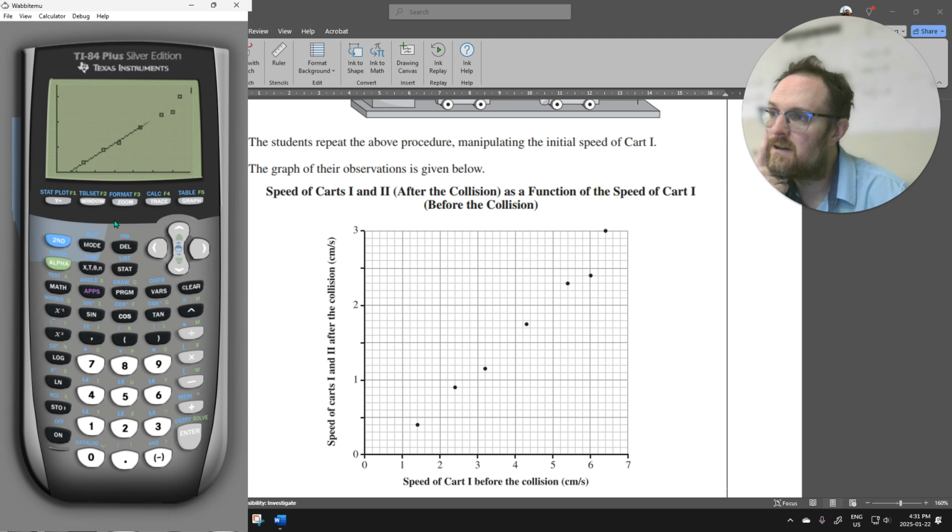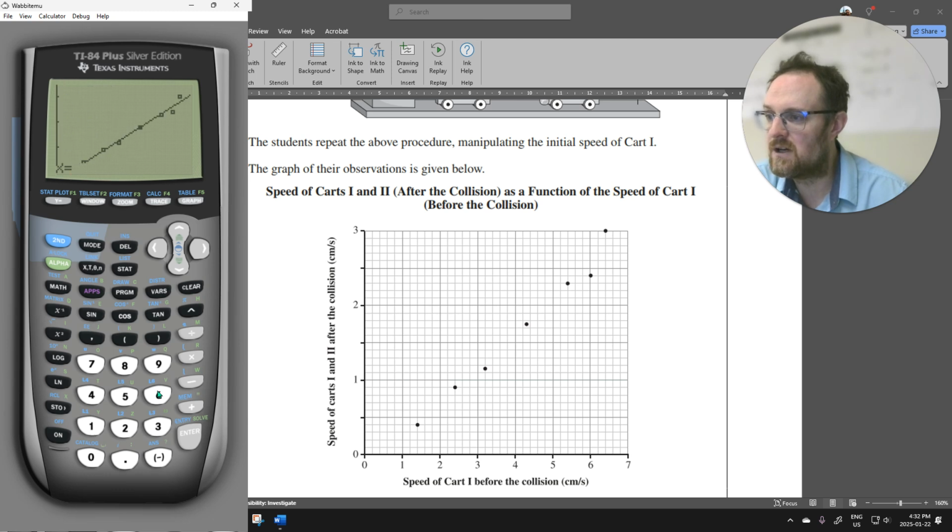Here's the line. Looks pretty good, but you notice that line is higher than that dot there. We're just trying to figure out the value at 6 centimeters. So I go trace and type in 6 and hit enter, and I can move my cursor over there. But you could also go second calc value.